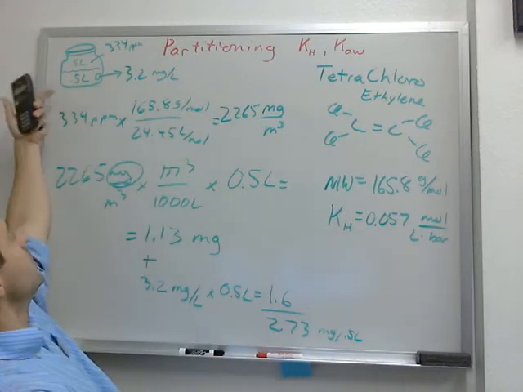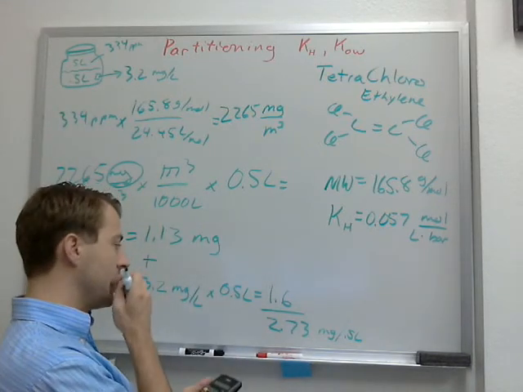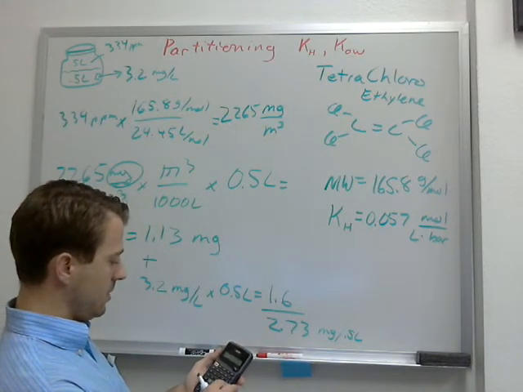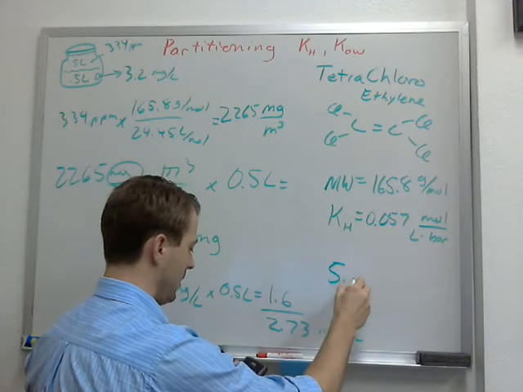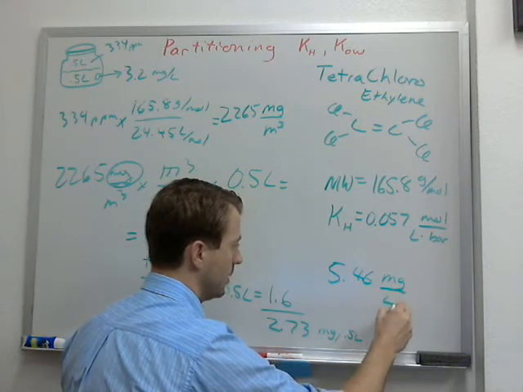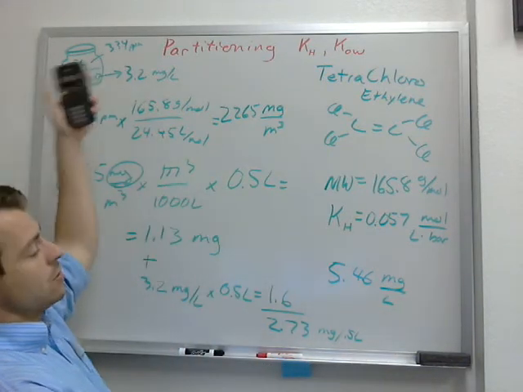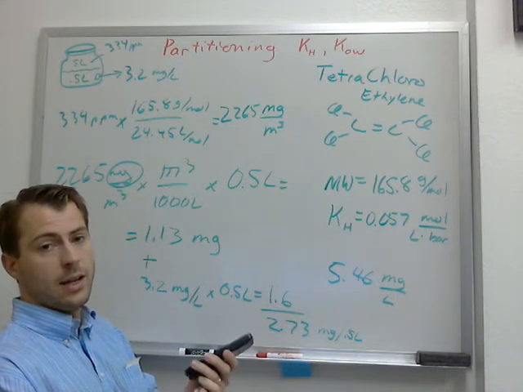Because we physically only drew a half liter out. So what was our true concentration beforehand? It was 5.46 milligrams per liter, not 3.2 milligrams per liter. So we lost a lot by having a little bit of headspace.